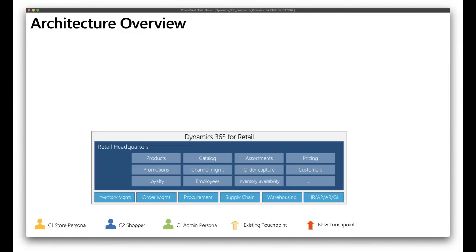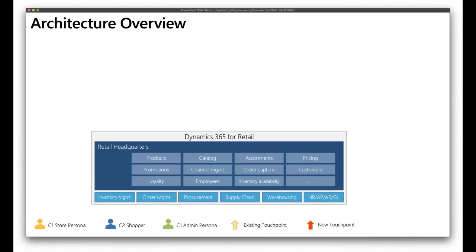Our retail headquarters sits on top of the ERP solution and gives you the ability to manage your products, to create catalogs and associate those with assortments. It gives you the ability to configure your channels and associate those assortments with channels, and to control your pricing, your promotions, your discounts, and your shipping and payment methods by channel.